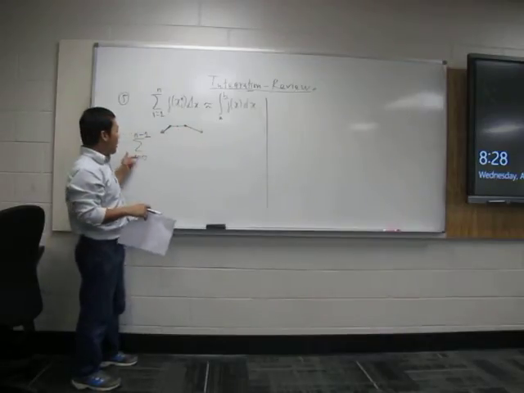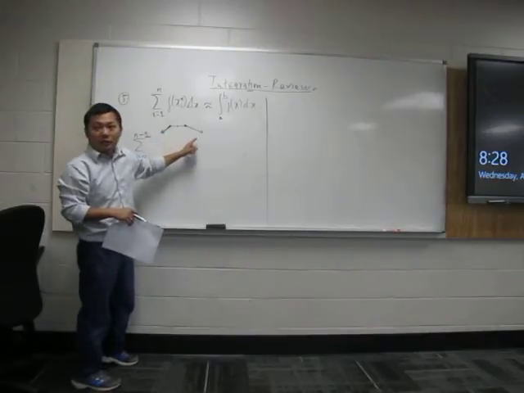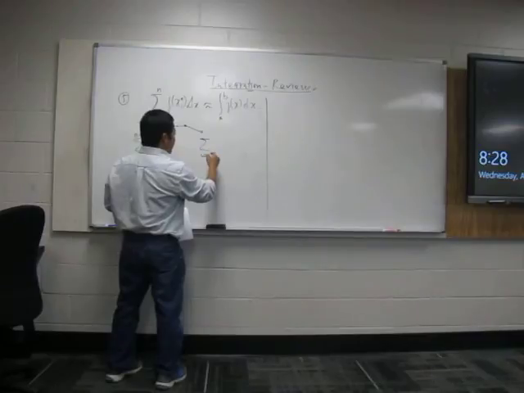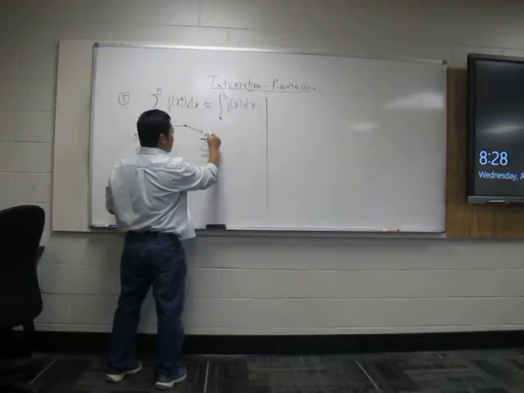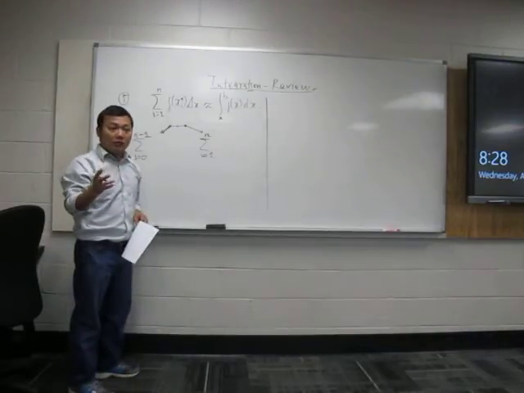That's why your index runs from 0 to n minus 1. If you use the right endpoint, your sum will run from i equals 1 to n. So you have to remember that.